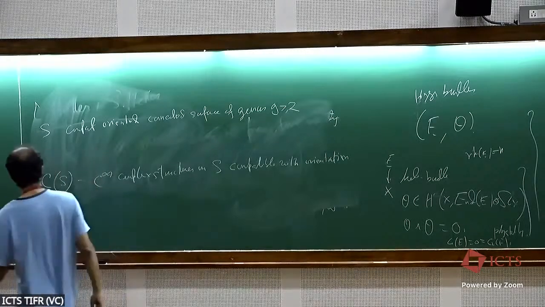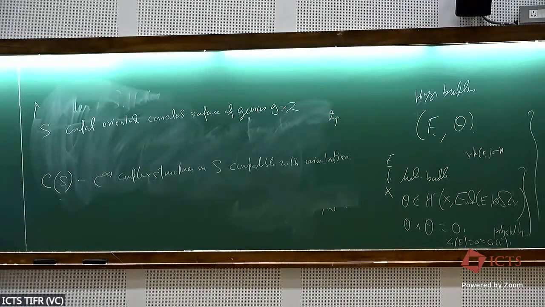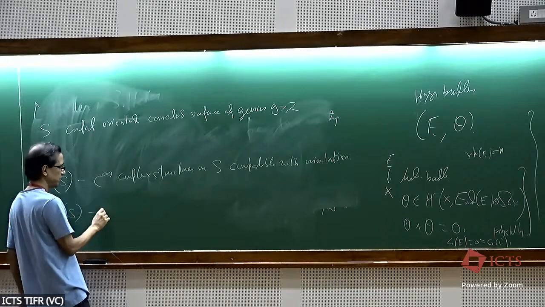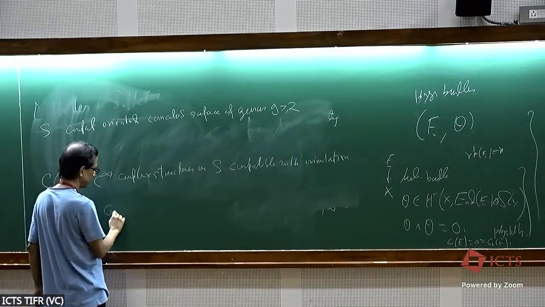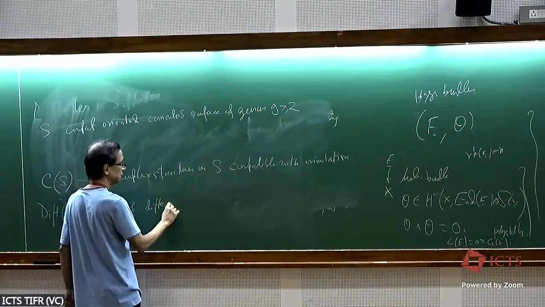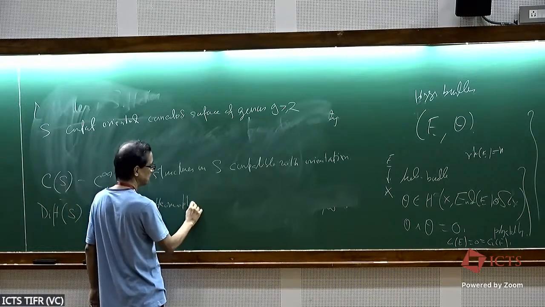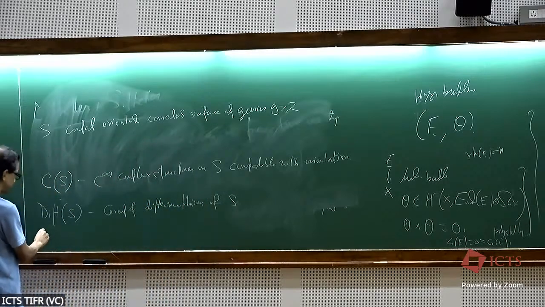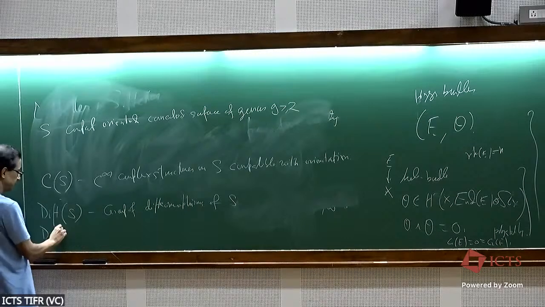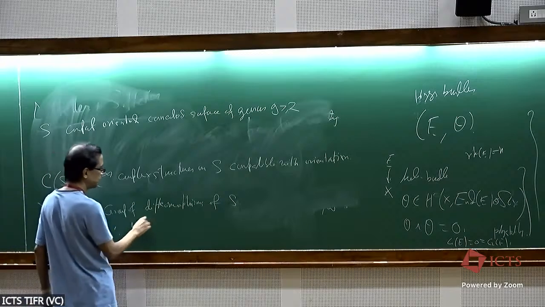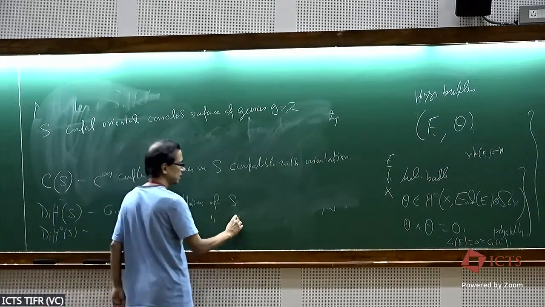Now there are a couple of groups, actually 4 groups. I'll come to it. First is Diff of S, the group of diffeomorphisms. Diff naught of S is the group of diffeomorphisms of S homotopic to the identity map.